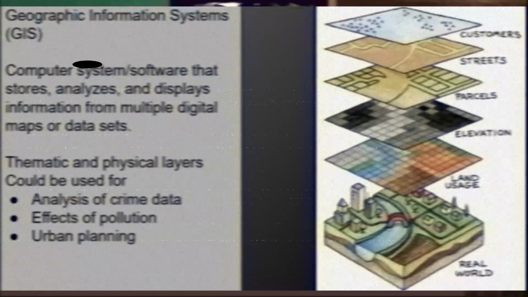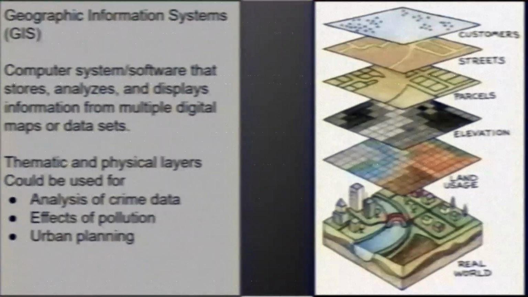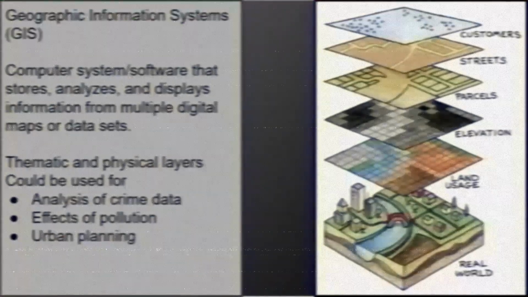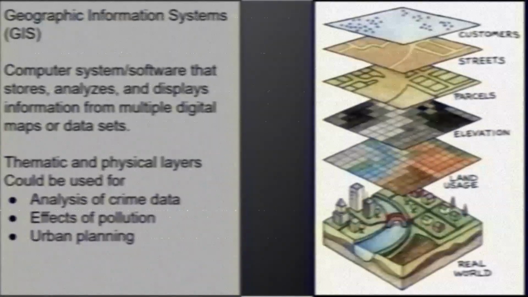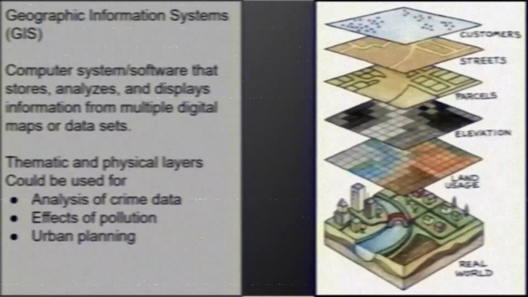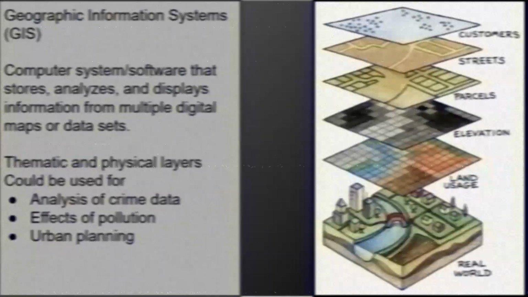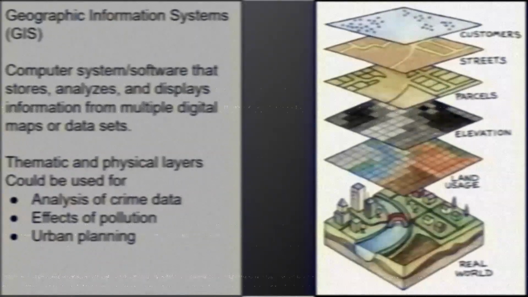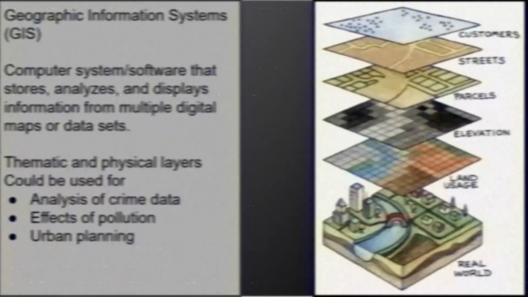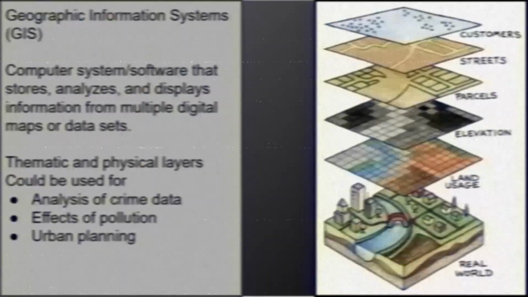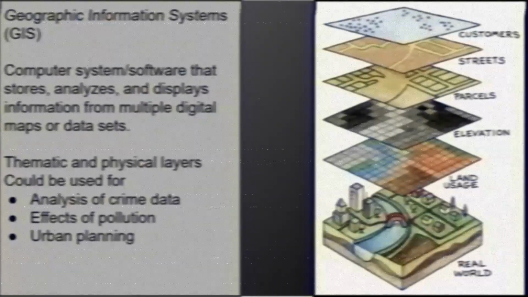The first one we are going over is the GIS, which is the Geographic Information System. The GIS is a computer system that stores, analyzes data, and displays that information. With this information, it forms multiple digital maps.